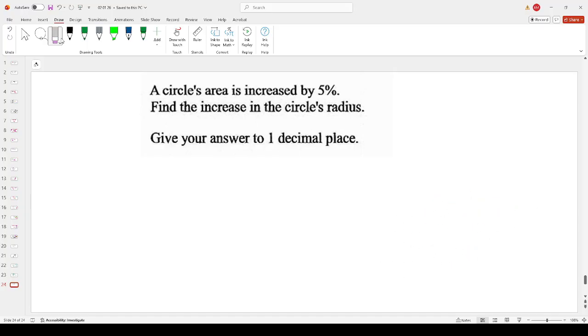Okay, they've told us the circle's area is increased by 5%. So the area equals pi r squared. So instead of writing pi r squared, I'm going to say that the area times 1.05, right? The area is the new circle. Would you agree?